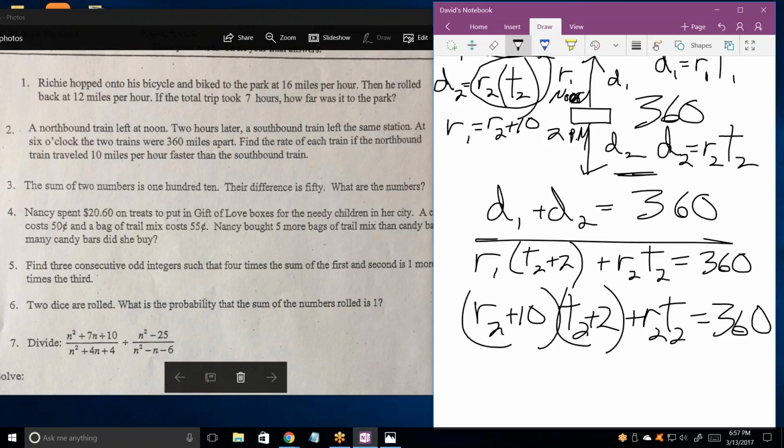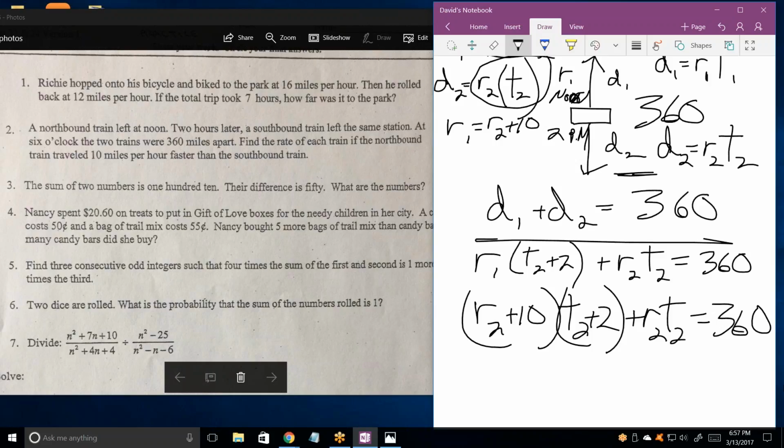These are the toughest when you have two trains leaving the station at different times. And I usually get lost about midway through this problem because I always end up with one equation and two variables. Notice that my last equation has an r sub 2 and a t sub 2. I can't solve that all by itself. I need more information. Let's see. What have I used?